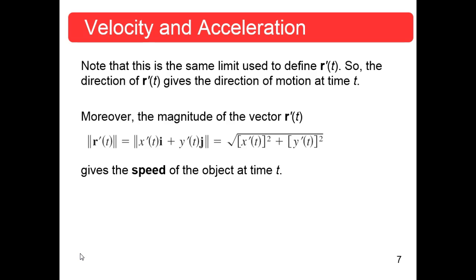The magnitude of r prime would then be the magnitude of x prime of t i plus y prime of t j, which is the square root of x prime of t squared plus y prime of t squared. And by the way, that happens to be the speed. The magnitude of velocity is the speed. Speed doesn't have a direction associated with it. Velocity does. Velocity has i's and j's. Speed is just the magnitude of velocity in whatever direction it's going.